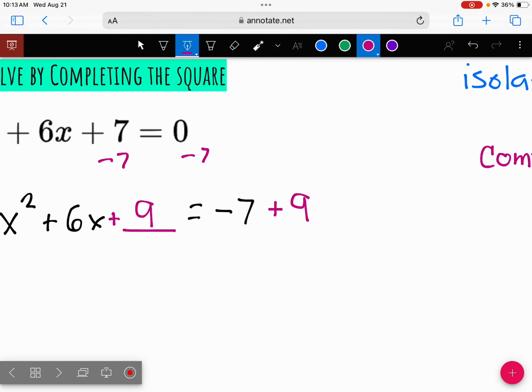So now we're going to factor the left-hand side. This piece. We just added our 9 here. So factor this guy, the left-hand side.